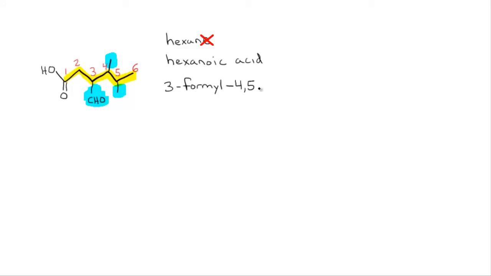So the complete name of this compound is 3-formyl 4,5-dimethyl hexanoic acid. Our last molecule that we'll be naming has the following structure.